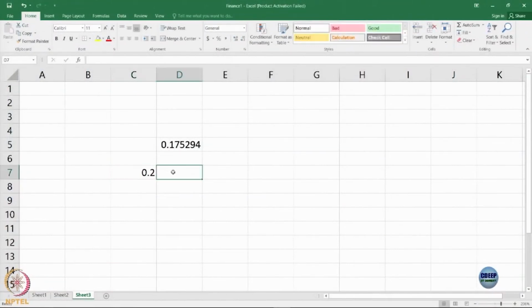If R is 0.2, then 1 plus R is going to be 1.2, and we take this 1.2 and raise it to 25, and that's 95.939. We can do 1 minus 1 by this.